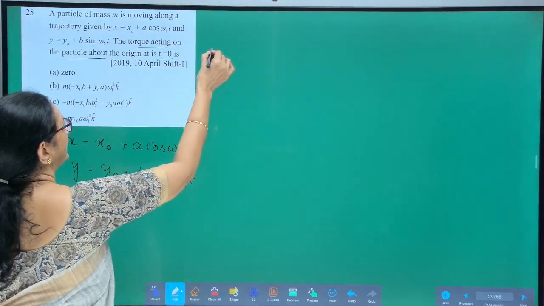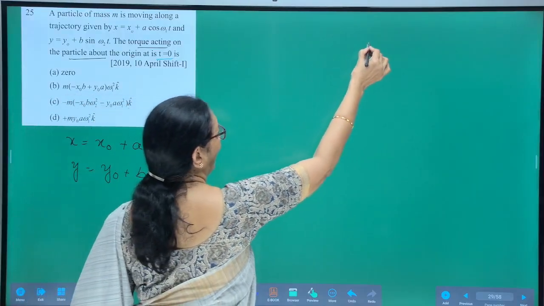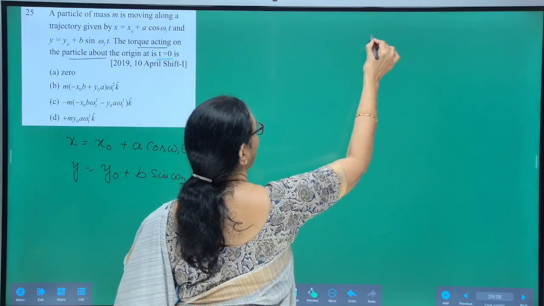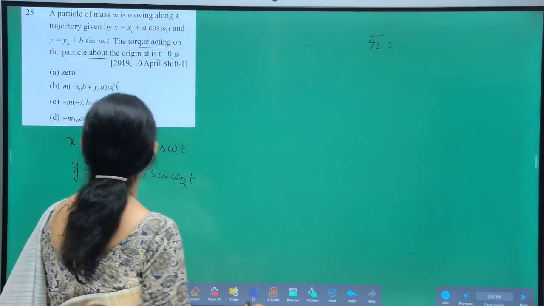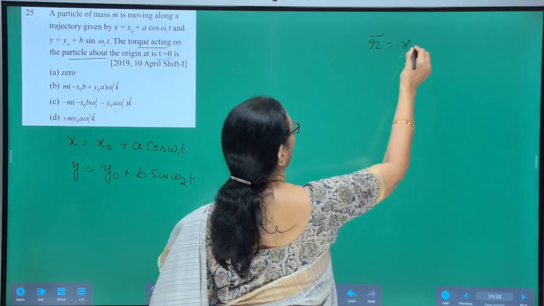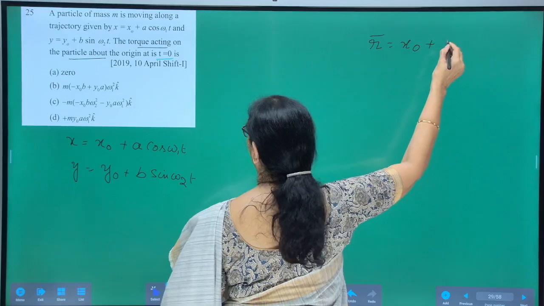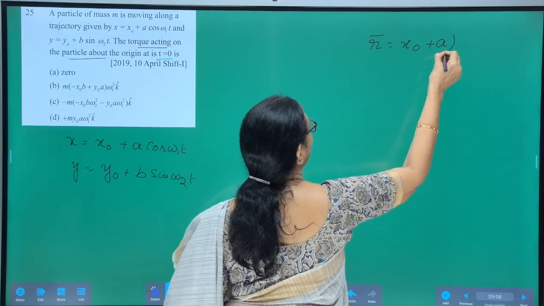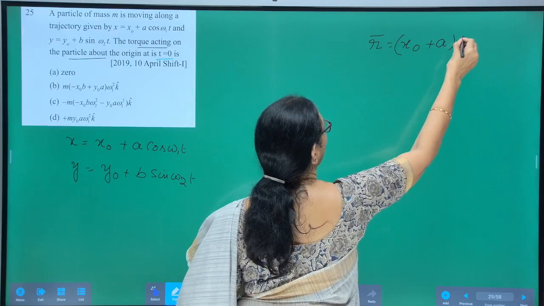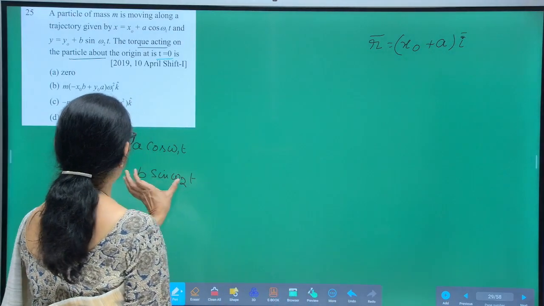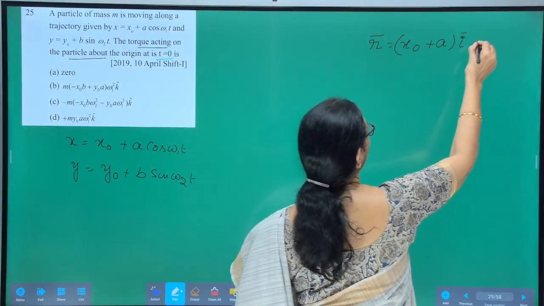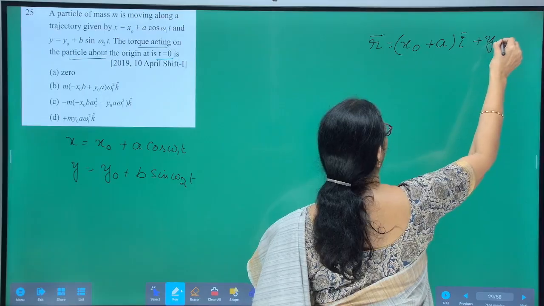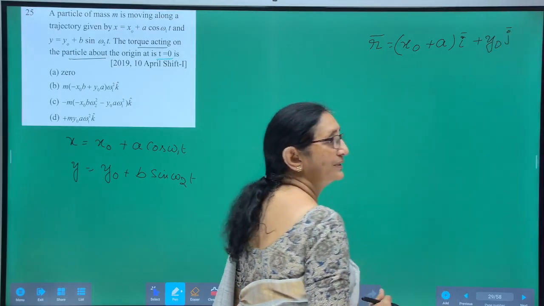So, the position vector at t is equal to 0 is x0 plus a i bar, plus, because this entire component becomes 0, y naught into j bar. That is the position vector.